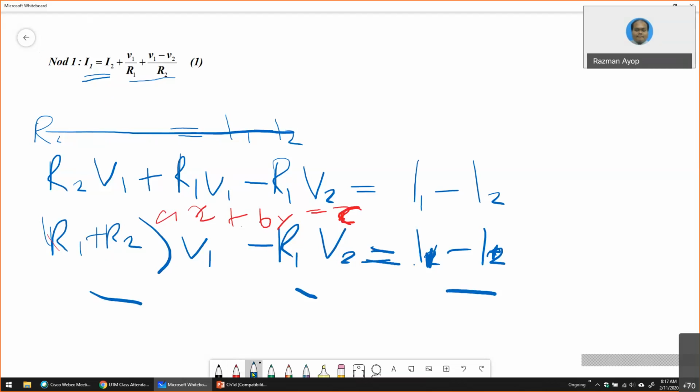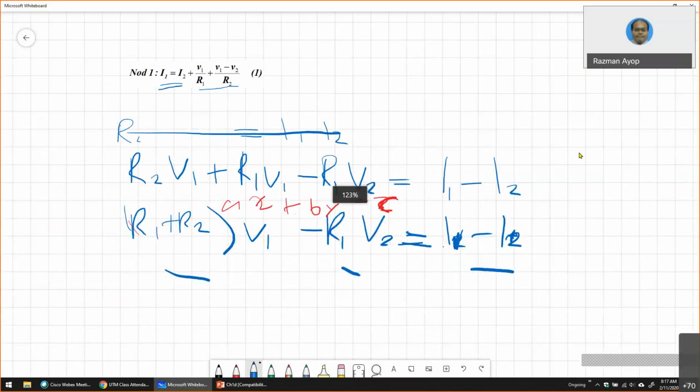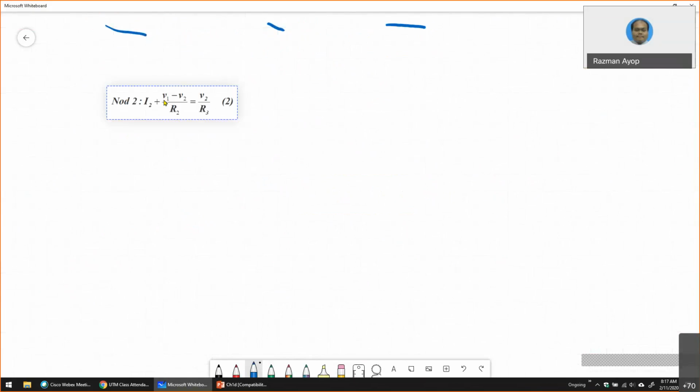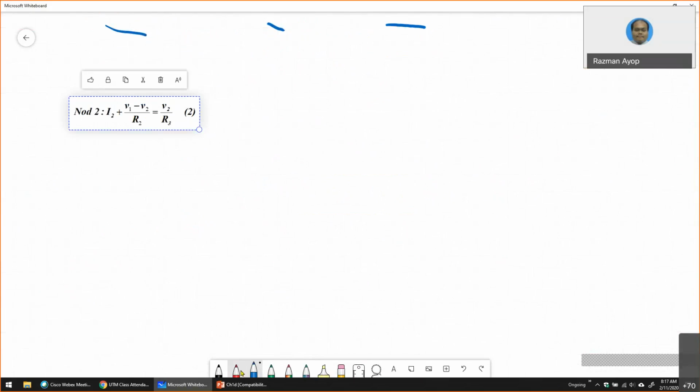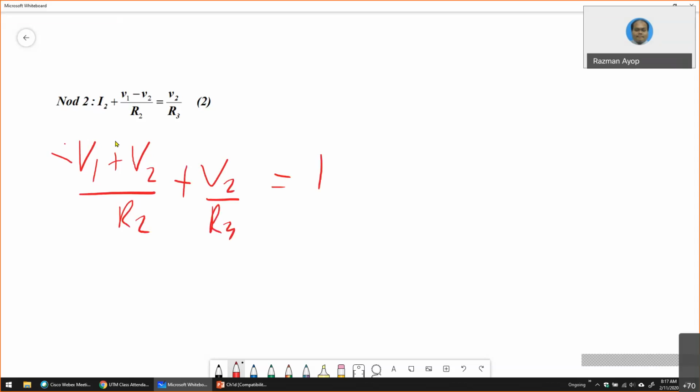So I show you another example here. Same goes for this. Now I2. So negative V1 plus V2 divided by R2 plus V2 divided by R3 equals to I2.